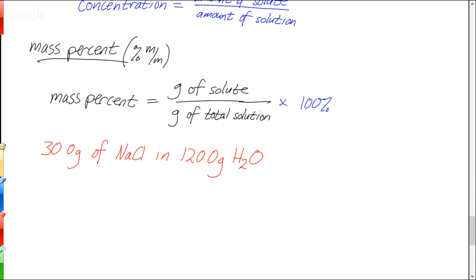So that's one way to make a solution. The mass percent, or the percent by mass, is the grams of solute, so that's 30 grams, divided by the mass of the solution. So what's the mass of the solution?